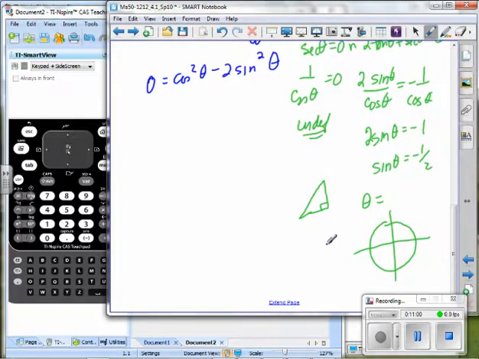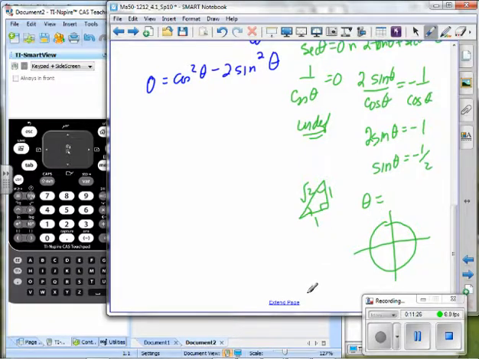What kind of a triangle will give you sine of 1/2? What's the equivalent? How much? 45. So if these angles are equal, then I have this and this. I think this is the square root of 2. The sine would be 1 divided by the square root of 2.